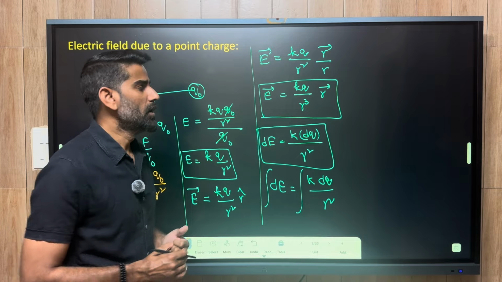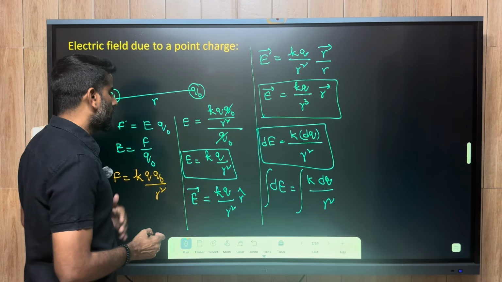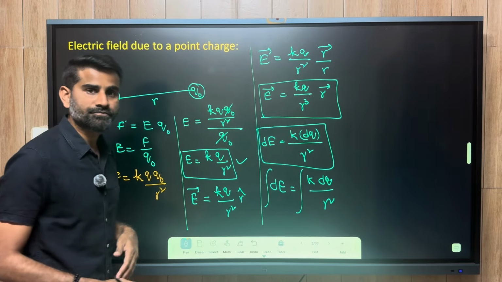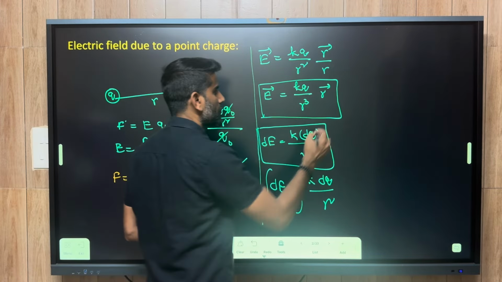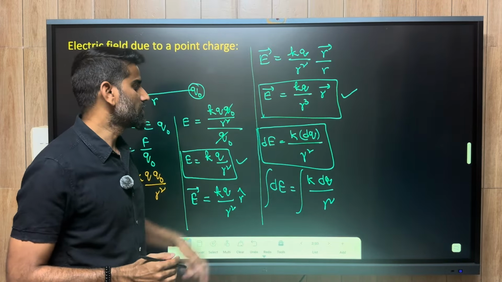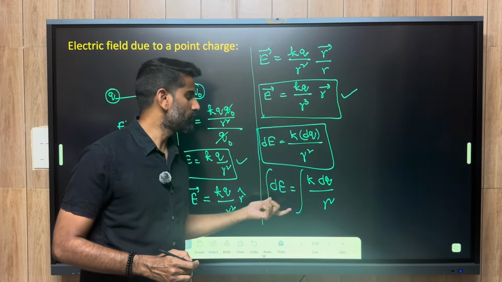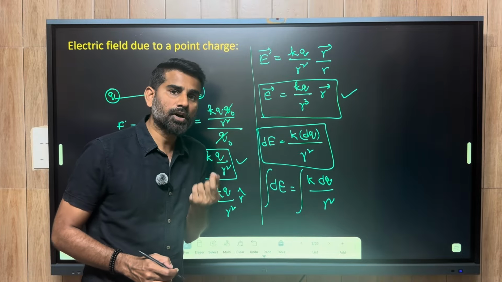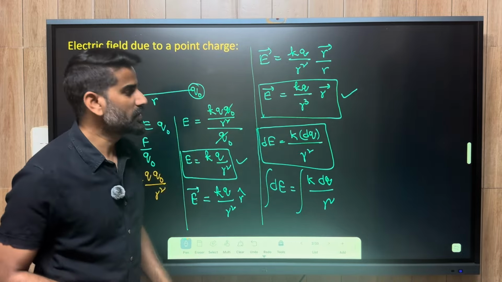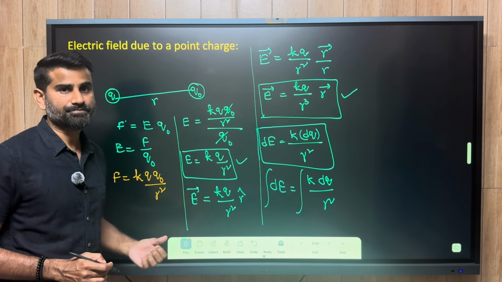In this slide, we have seen the electric field due to a point charge, the vector representation of the electric field due to a point charge, and the third thing, the calculus-based integral form of the electric field due to a small elemental charge. So these are the three points that we have learned in this slide.